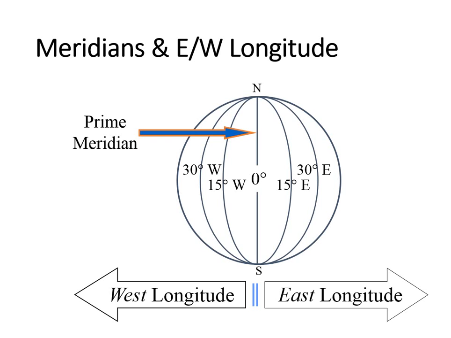Longitude lines are called meridians. They go east-west. Sometimes you can just have the number, like what we see in the figure here, 30 degrees west, 15 degrees east, or so on. You can also do something where east by convention is a positive number and west by convention is a negative number. So 45 degrees west could also be known as negative 45 degrees longitude.